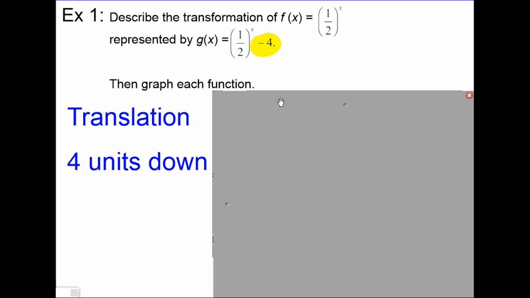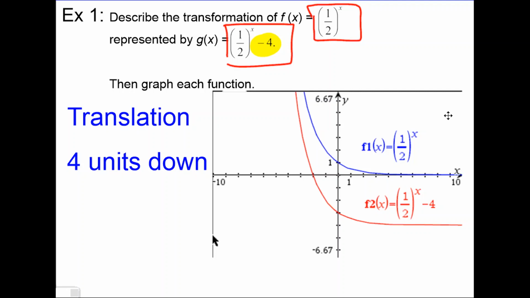And then to graph, all you're doing is putting this right here in your calculator, and then you're putting this right here in your calculator. So what you will be seeing, and this is the exact replica of what your calculator screen would look like, your f of x is this blue line, and your g of x is the red line.